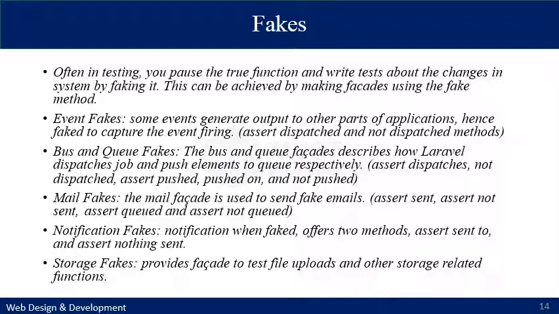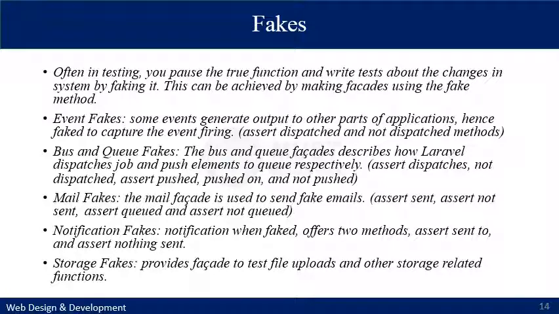Often in testing, you pause the true function and write tests about the changes in the system by faking it. This can be achieved by using facades with the fake method. There are a number of fakes that can be used in unit and application testing.